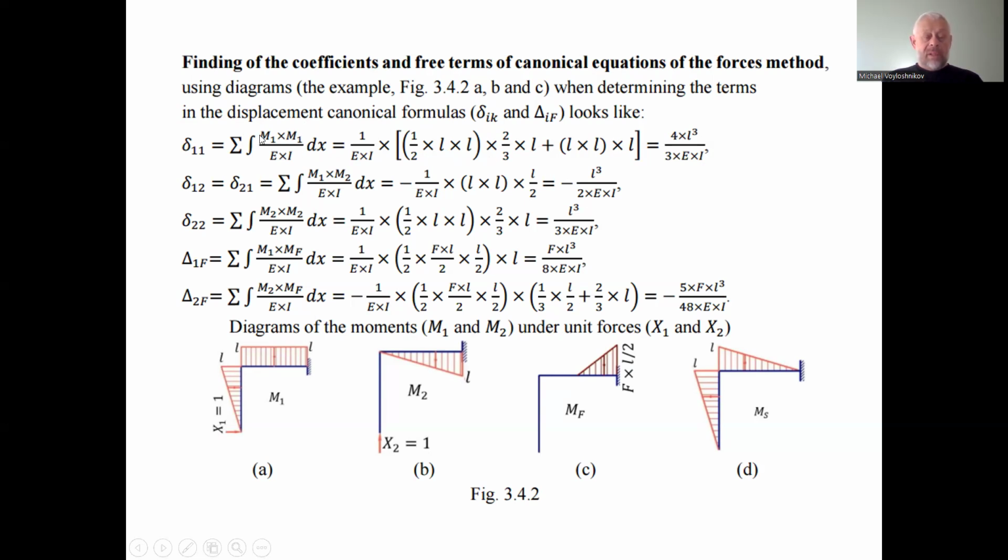These are the moments under the unit force and the external load, or the unit force as well. If you look for the displacement in the first direction under the influence of a unit force in the first direction, we can find it by use of the Vereshchagin rule. As well, we can sometimes use the Simpson rule and, for example, the trapezoid rule.